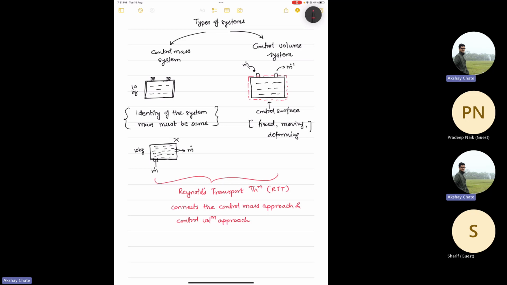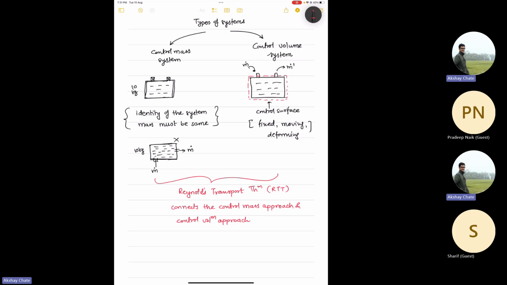Analyzing a system as a control mass system can sometimes be easy, but in fluid mechanics the control volume approach is better because you cannot keep on analyzing the fluid particles, right? It is very difficult. So what you do is only analyze a certain volume, whatever is coming in, whatever is going out. You don't care which kind of fluid is going in.